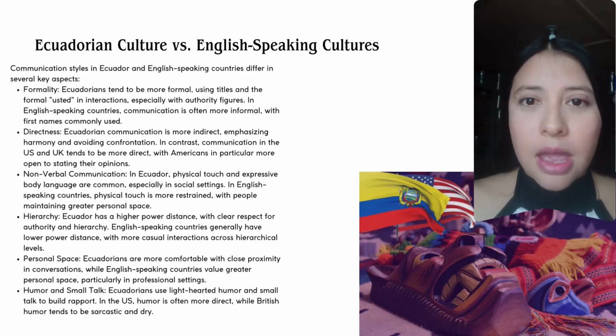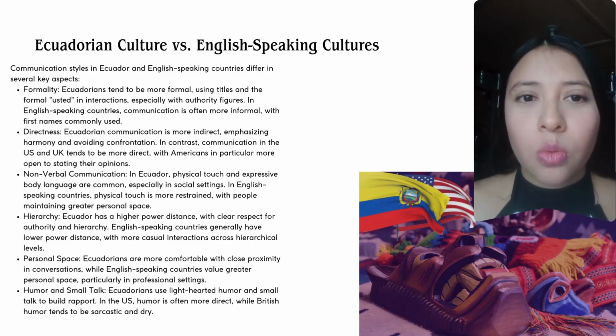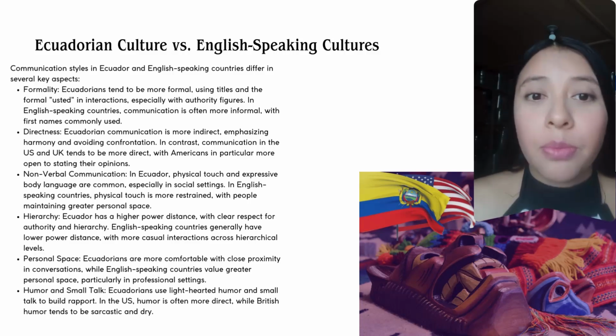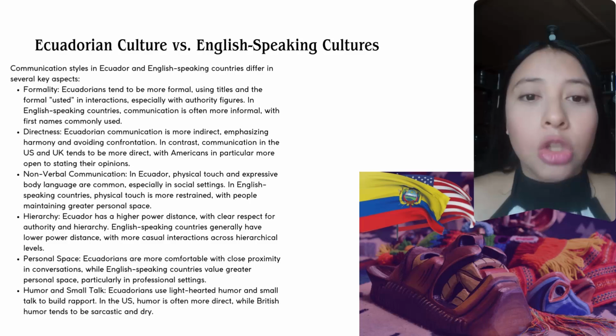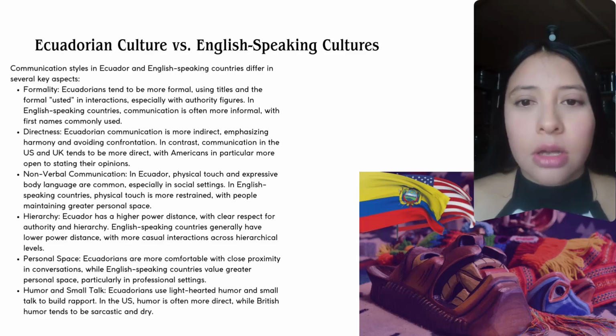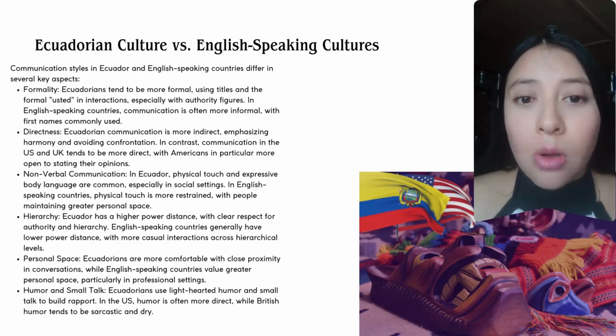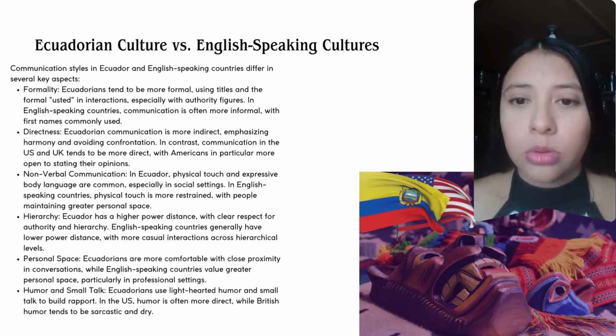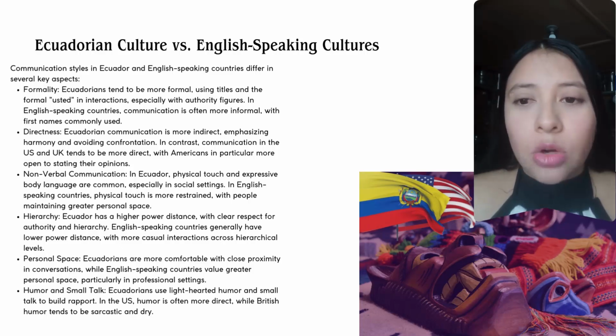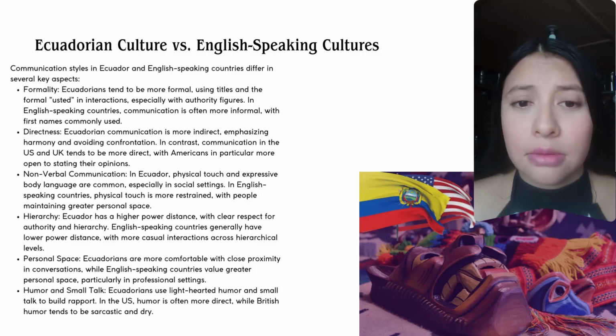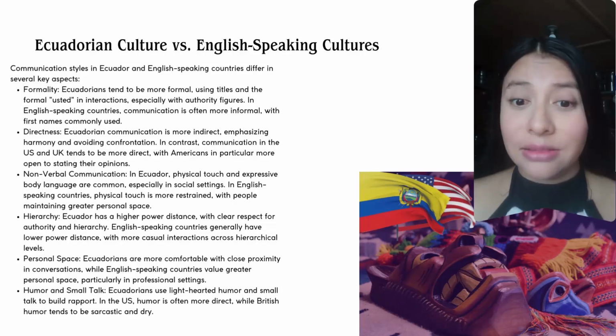Personal space: Ecuadorians are more comfortable with close proximity in conversations, while English-speaking countries value greater personal space, particularly in professional settings. Humor and small talk: Ecuadorians use light-hearted humor and small talk to build rapport. In the USA, humor is often more direct, while British humor tends to be sarcastic and dry.